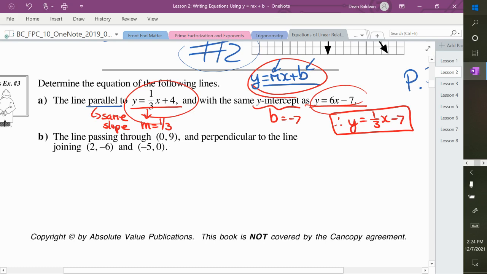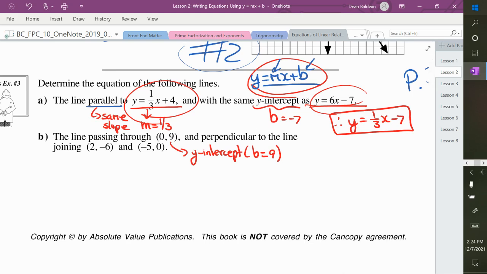So if your x value is 0, what is that actual point representing? Yes, this is the y-intercept. It means your b value is 9. All right, we got one piece of information. We have b. Now I need to figure out m.